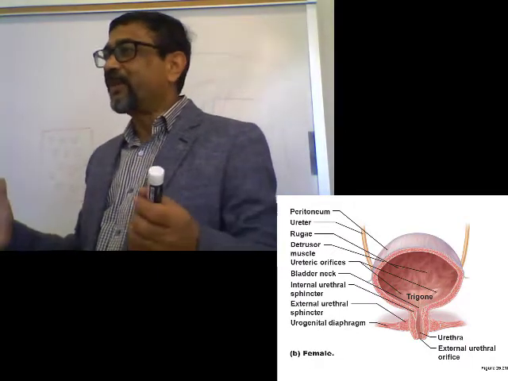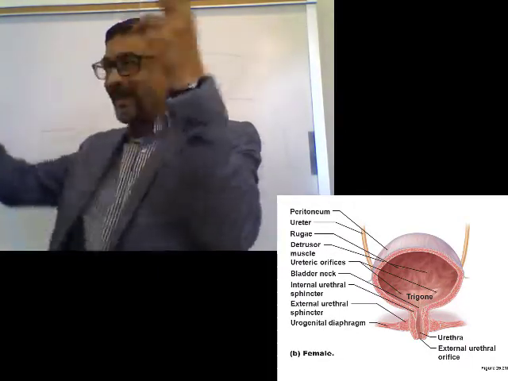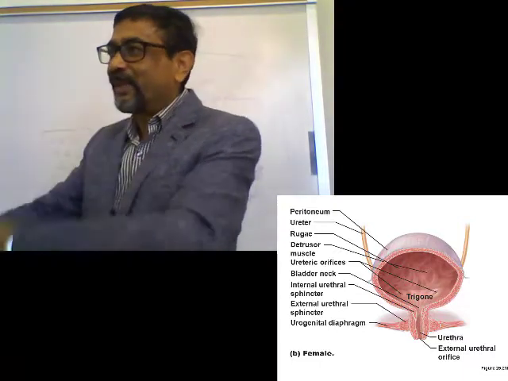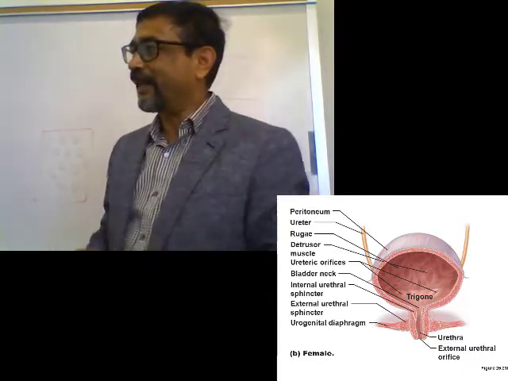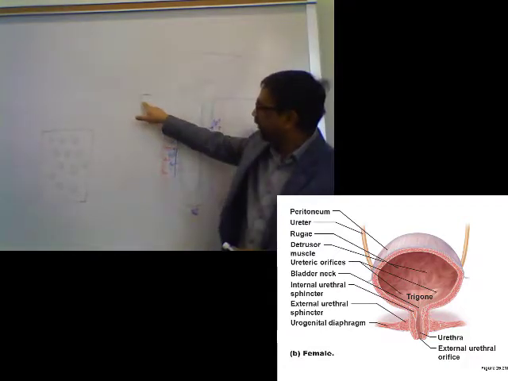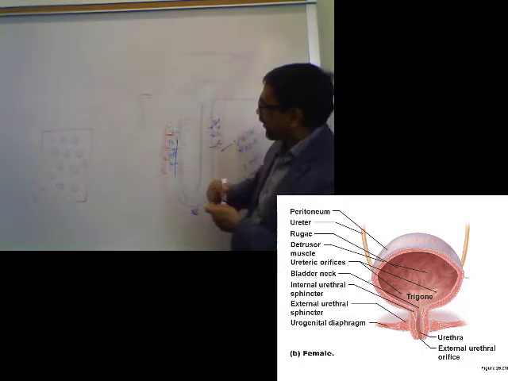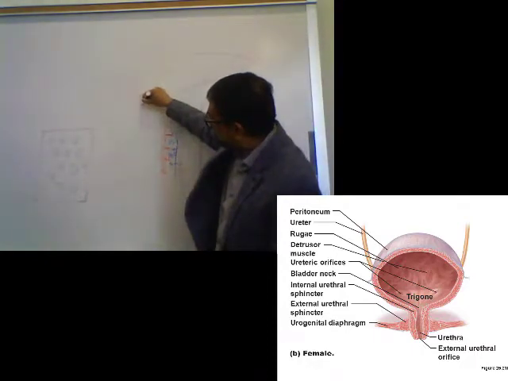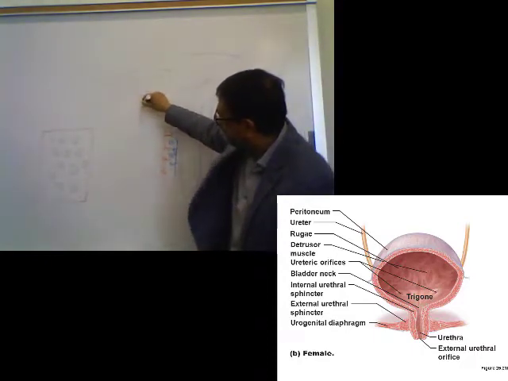You know, what's the function of a funnel? We use the funnel to pour something into a narrow space or area. So the pointed lower end of this funnel or trigone is here, and that is the starting of the urethra.